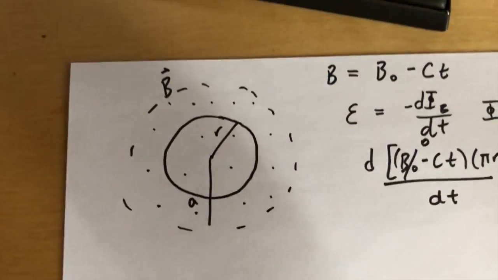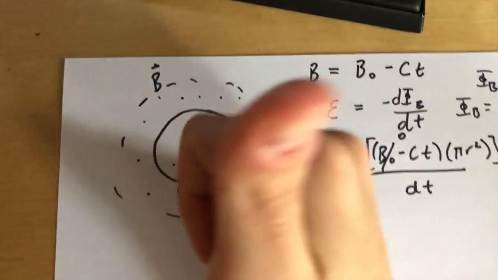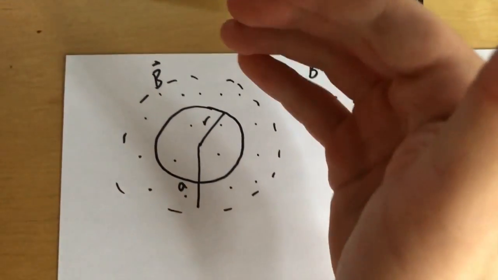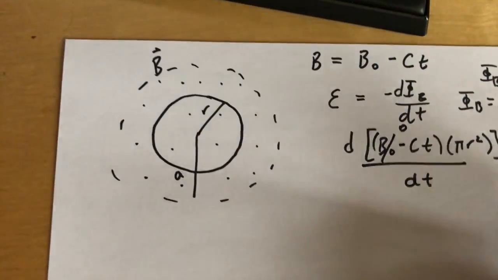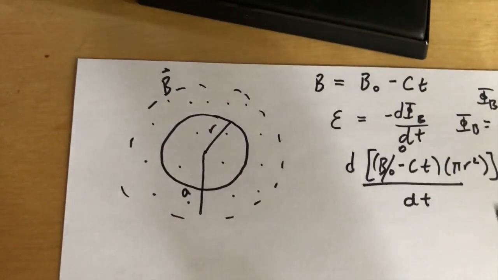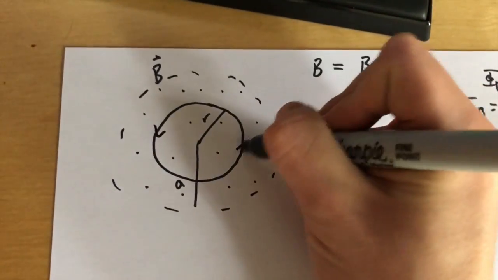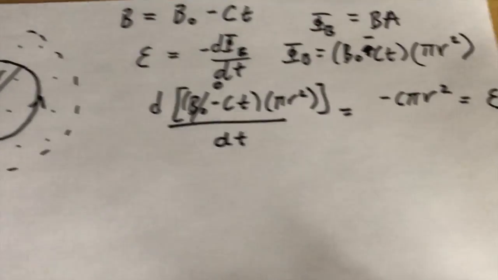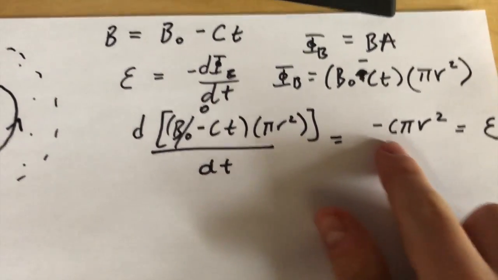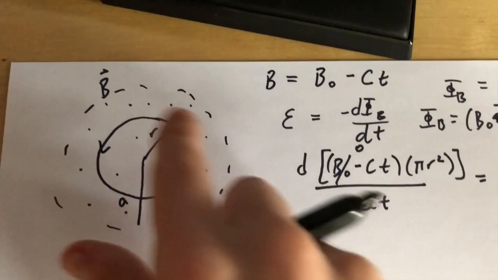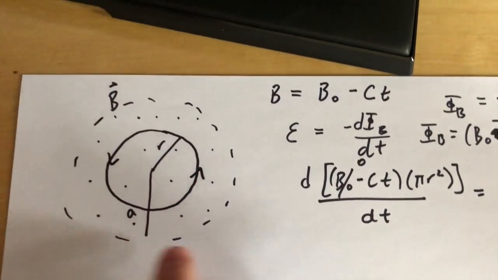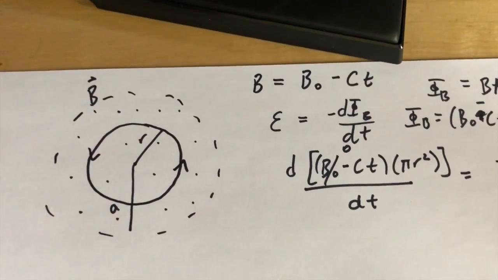So because it's decreasing out of the page, our vector is going to want to go out of the page as well. And using our right-hand rule, it's going to be in a counterclockwise direction. So this negative is basically telling us that our induced EMF is going to cause a current in this loop to travel in the counterclockwise direction.